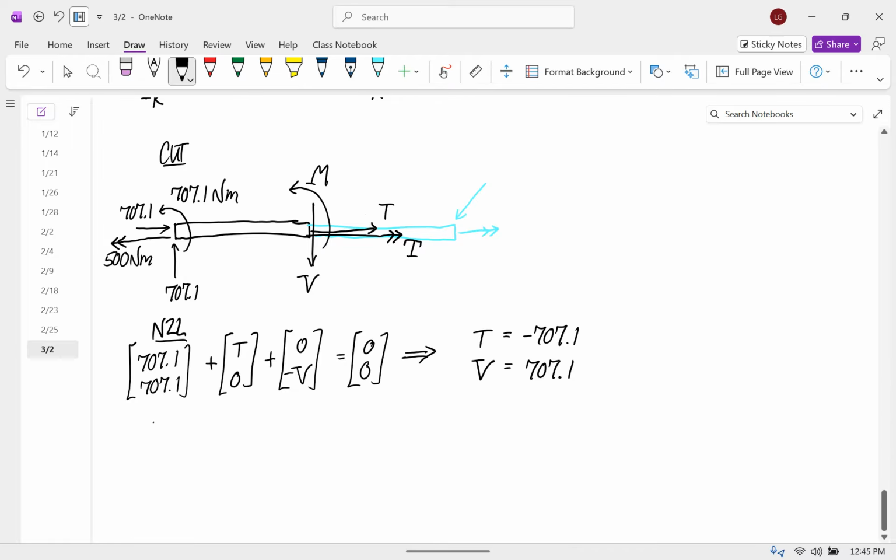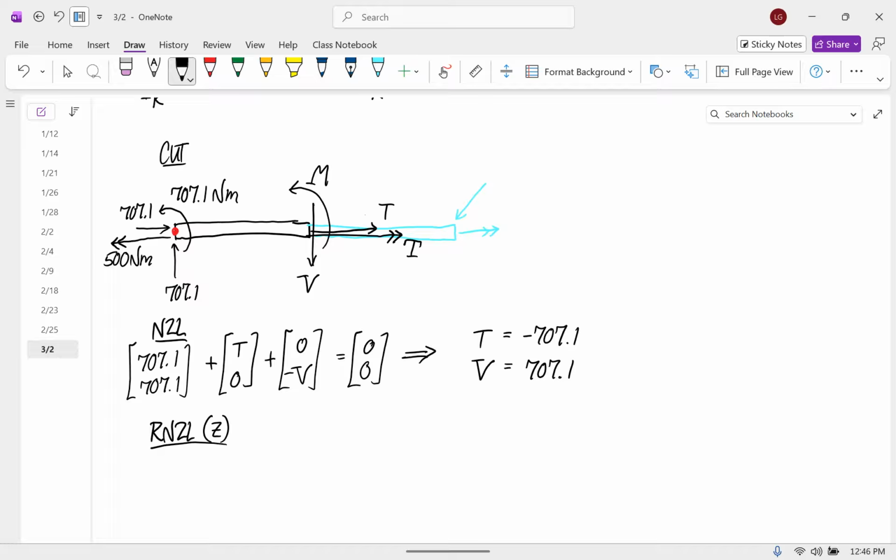And now we'll go to the moment equation. I'll do it first about the z-axis. So if our about point is over here at the left end, like we always did for internal loads. It just makes the math simpler. So what are the things producing moments about this red dot?